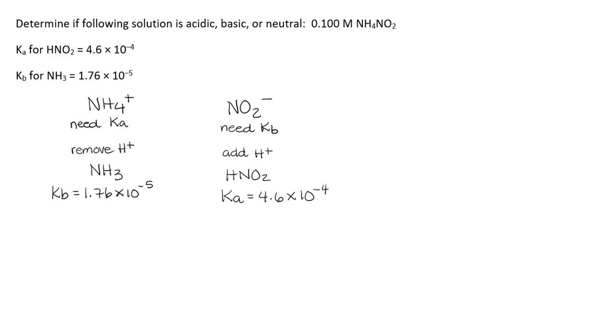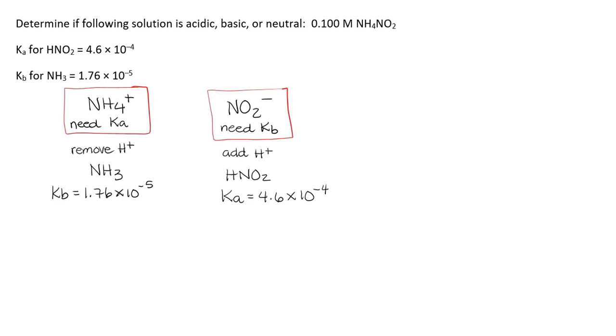Now the tendency at this point is to compare this Kb with this Ka. But that's not what we need to do. I'm going to remind you of what we said we did need to get, and that was a Ka for ammonium and a Kb for nitrite.